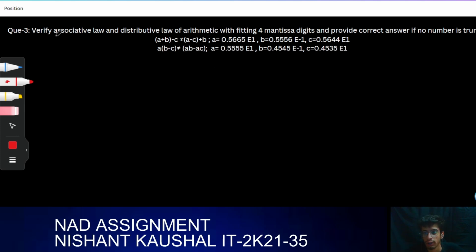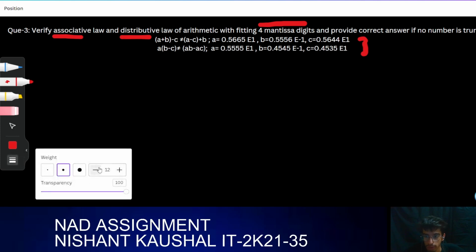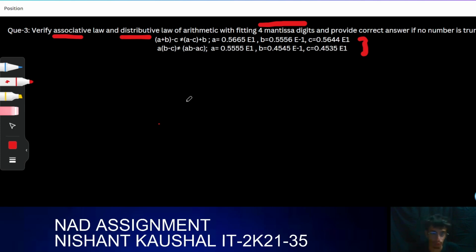In question number 3, we have to find associativity, distributivity, and digits with 4 mantissa, and data is given here, right? Let me just increase the size of my pen. So for associativity, we will use the law (a plus b) minus c equals (a minus c) plus b.